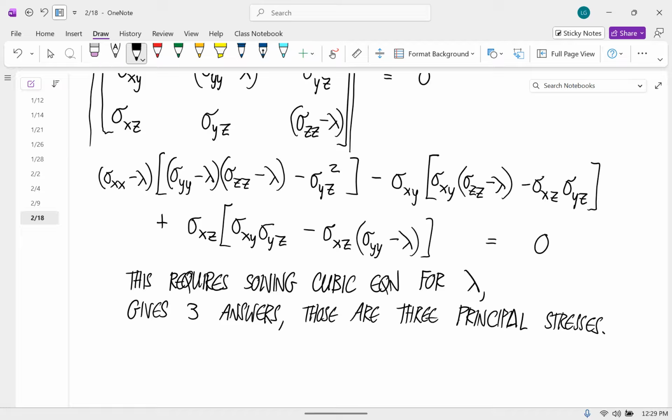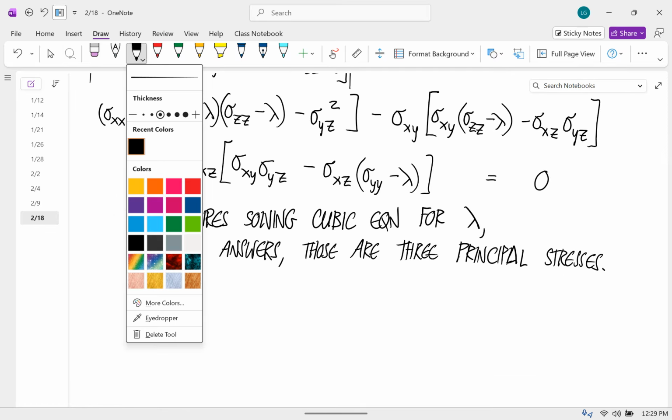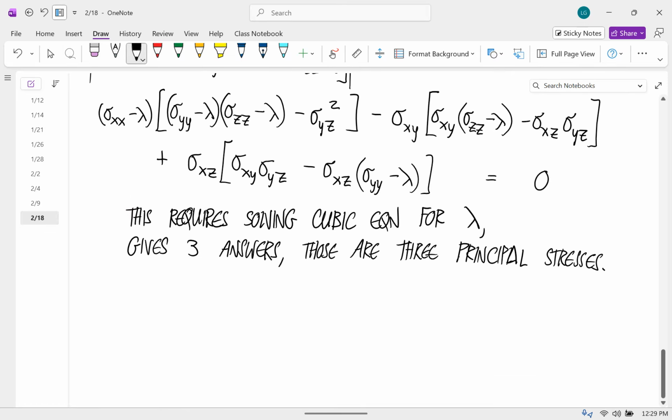Okay, so cubic polynomials are hard to solve. I mean, not that hard to solve, but there's just no formula for it, no systematic way to do it.